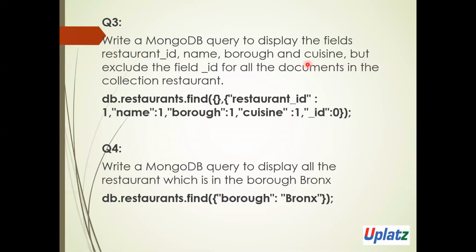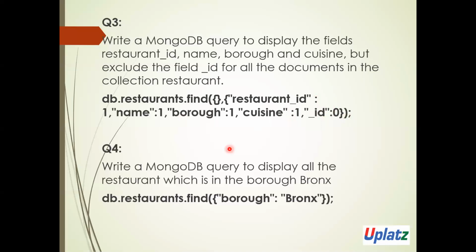So this should be my query: db.restaurants.find with an empty object, which means it will scan the entire collection. For the 4 fields I have mentioned 1, 1, 1, 1. I don't want the _id, so I set the _id field value to 0. This will give you the 4 fields except the _id field.